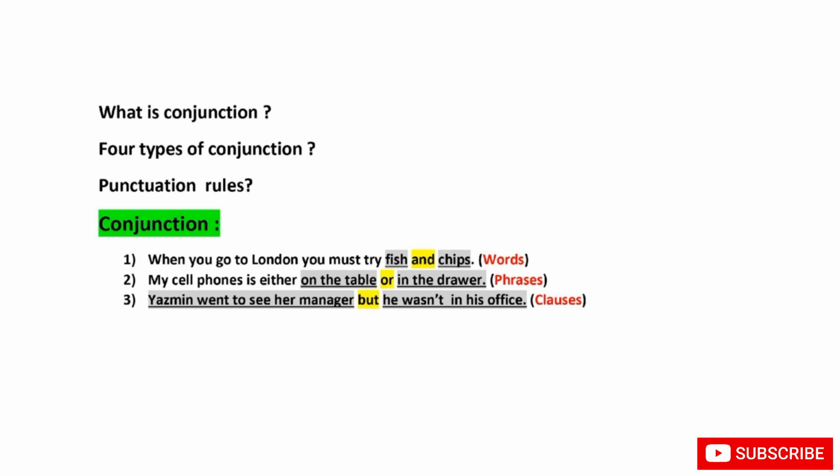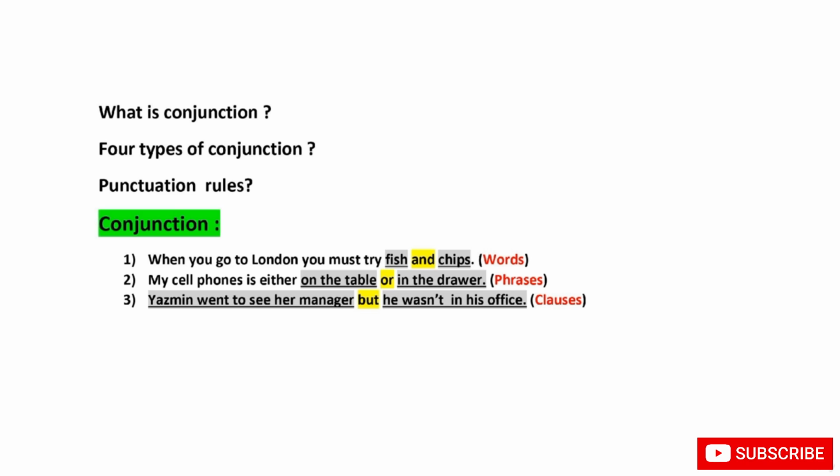Rule number 1. If a conjunction only connects two words or phrases, no comma. Rule number 2. In lists of 3 or more items, put a comma after each item except the last. Put the last comma before the conjunction. Rule number 3. When connecting two independent clauses with a conjunction, always put a comma after the first clause. Rule number 4.